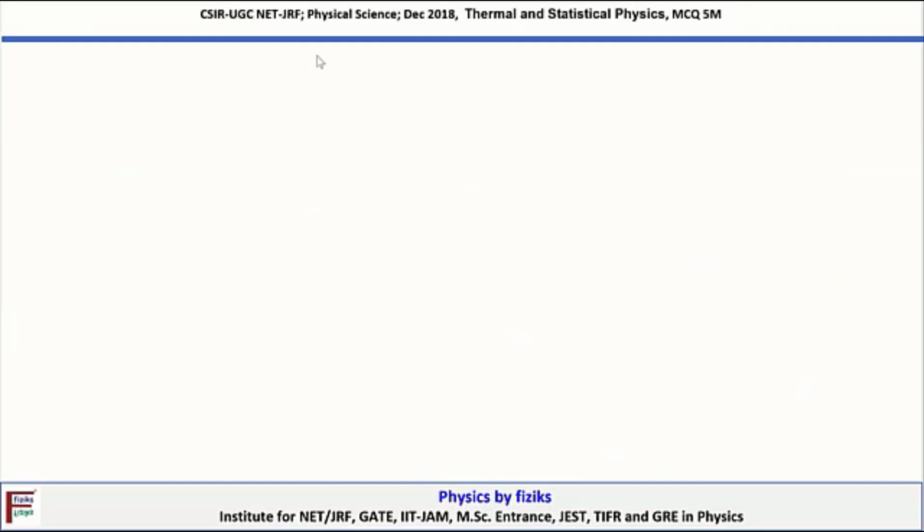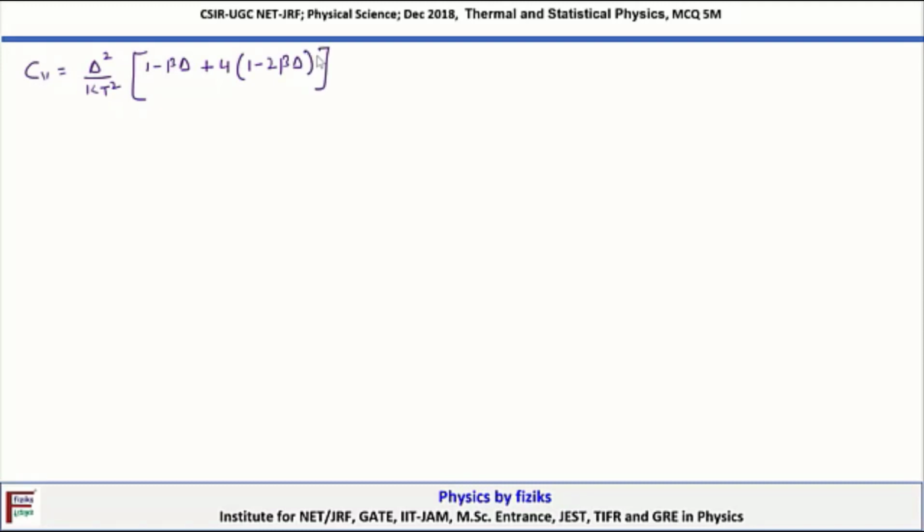With this approximation, this expression can be further rewritten, so again we are expanding the exponential terms. So CV comes out to be equal to delta square upon kT square, the common terms, and inside the bracket we will have 1 minus beta delta, plus 4 into 1 minus 2 beta delta.